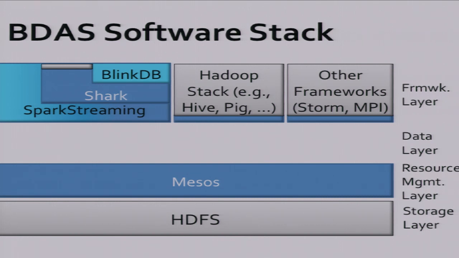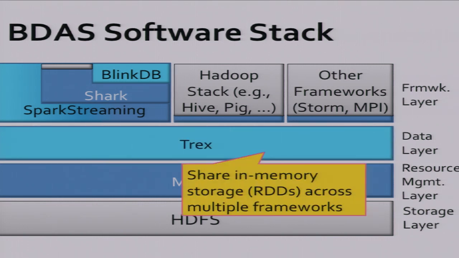As a result, we introduce another layer in the stack, a data layer, that will enable frameworks not only to share the data stored in HDFS, but also to share data stored reliably in memory, and in the future also to share intermediate computations or partial results. This layer is under development, and the working name now is T-Rex.